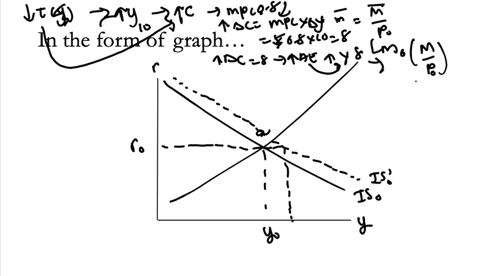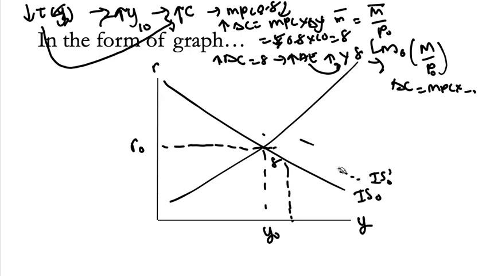And then in the next stage, change in consumption equals MPC times what? You get what I mean? So the first stage here increases 8. The next stage is what? And so on and so forth until the last stage.